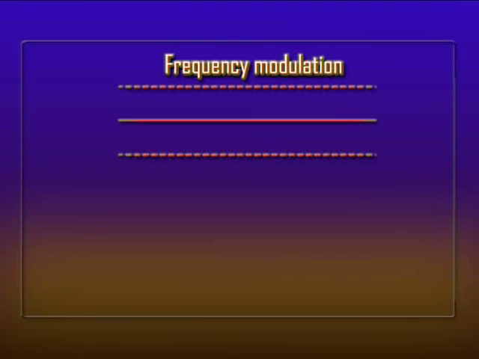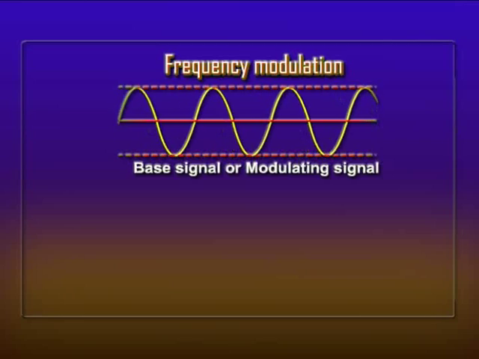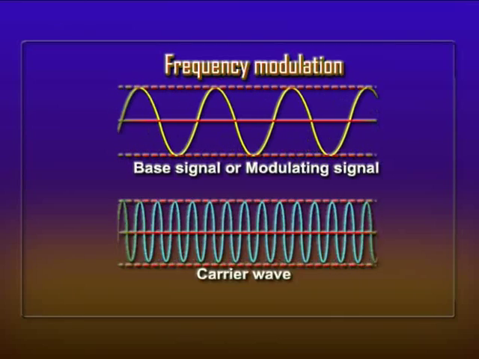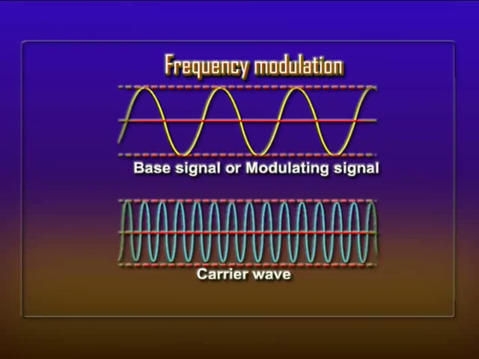Frequency modulation. In this kind of modulation, the frequency of the carrier signal changes with the change in the amplitude of the base signal. As we see here, this is the base signal of very low frequency which carries the information to be communicated. This is the unmodulated carrier wave of high frequency which can be superimposed on the base signal.